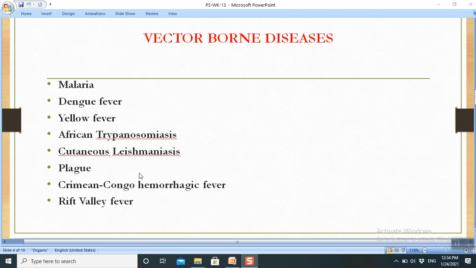The mortality rate in malaria is higher where patients are not attended properly, and it is estimated that around 1.5 to 2.5 million people annually die in sub-Saharan Africa due to malaria.